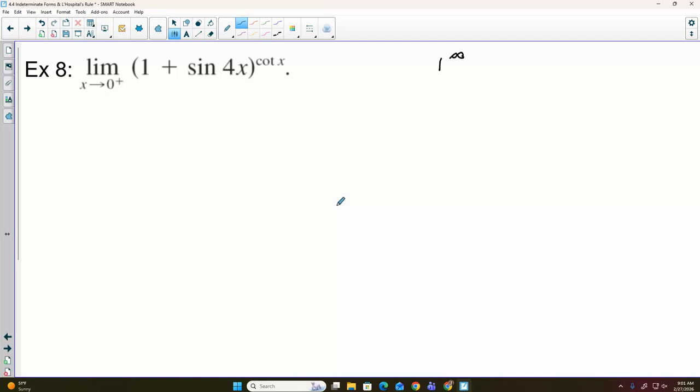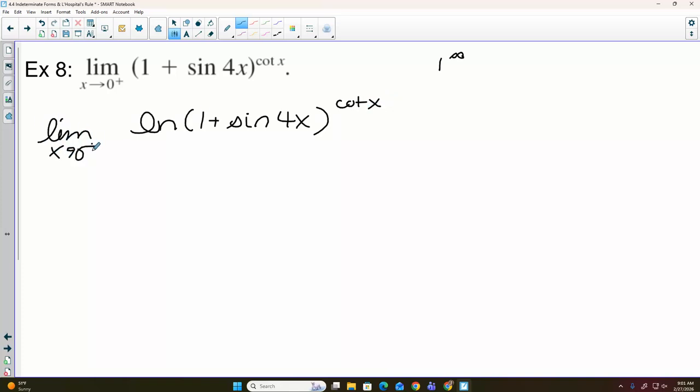That's an indeterminate form. We can't simplify it. So what we're going to do is add a log. I still have my limit of this whole thing. If I'm adding a log, then I know my final answer has to have an e to cancel it. So I'm just going to make myself a note of that. My final answer will be e to some power.